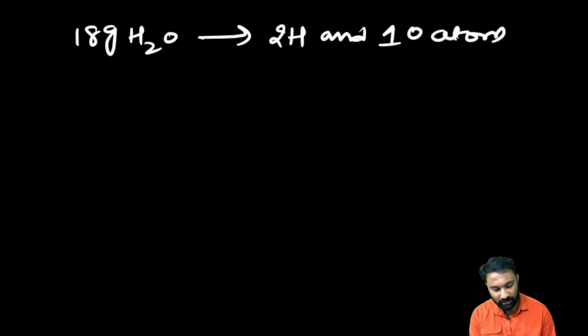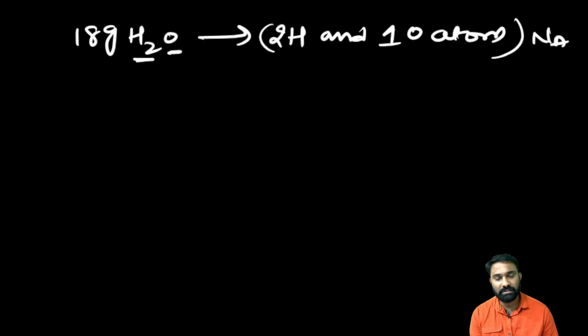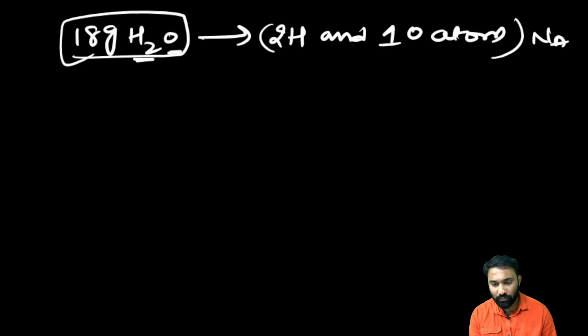Because we have 2 hydrogen atoms and 1 oxygen atom, into Na, right? This is also correct. So depending upon the question data we have to solve the question. Now we'll do one question based on this, so that whatever doubt you are having will be clear for you.